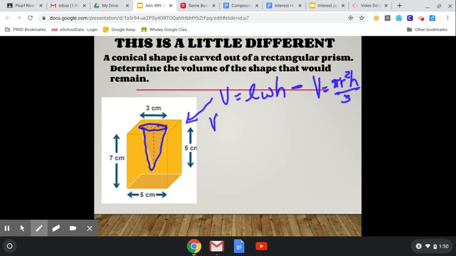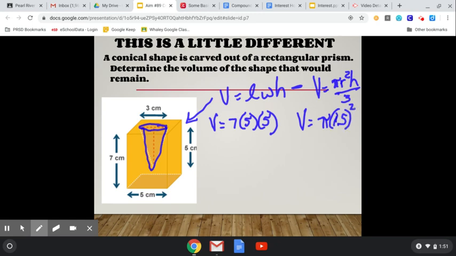All right, let me do the substitution for the prism here: 7 times 5 times 5. Let's do the substitution for the cone. Pi times, look at the radius. The radius is not 3. It's 1.5. They tried to fool us there.